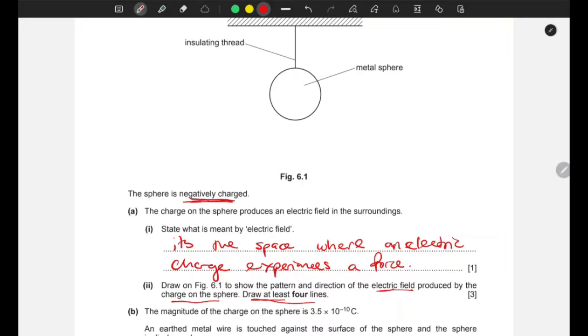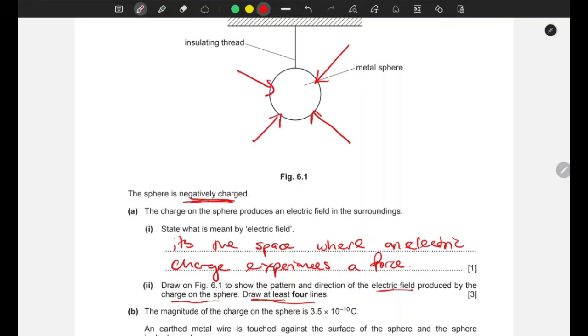So whenever we're drawing electric field, we can think of it as the direction of positive charge. Now in reality, positive charges do not move, but we can think of which direction the positive charge would move. So if we draw the lines, they would move towards the sphere because the sphere is negatively charged.